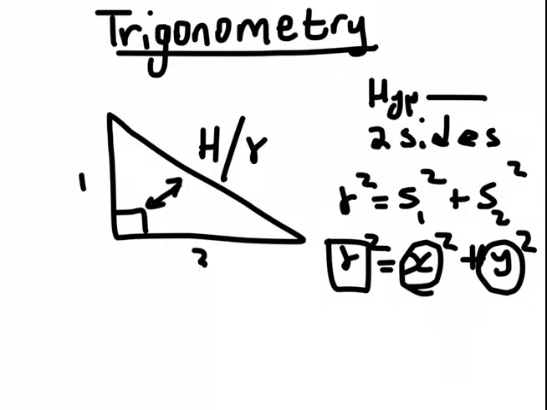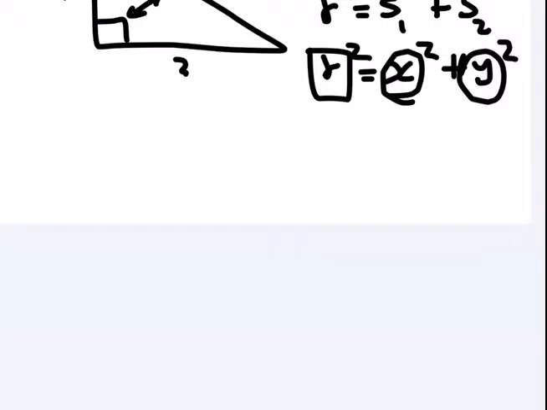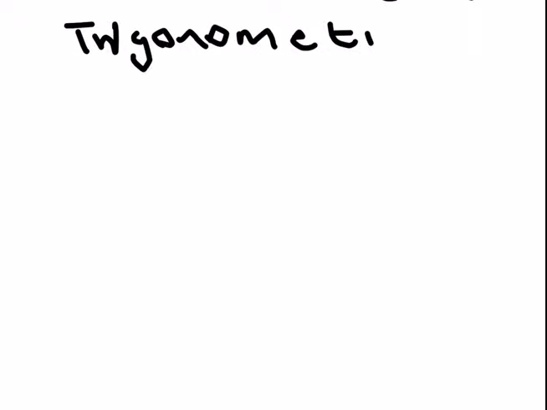So now we are going to build up from that knowledge and start talking about trigonometry. But before we can do much or say much, let me just quickly write it there: trigonometry. I might not need to write what I'm going to say, but I would like you to listen very carefully.